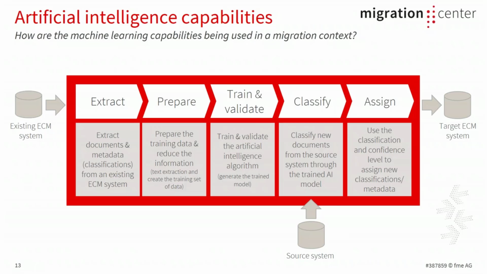And this fully automatically. So the steps necessary are: extract the data, prepare the training data for the algorithm training, and then use this trained model to classify and assign the metadata. We will come to that later on in the demo, where you can see how it works live within Migration Center.